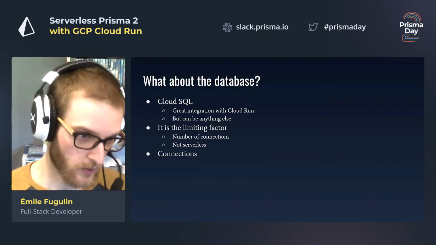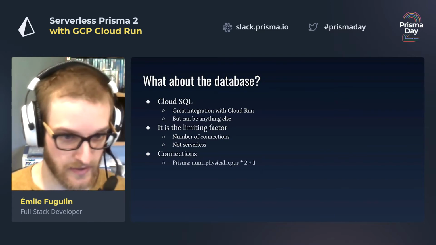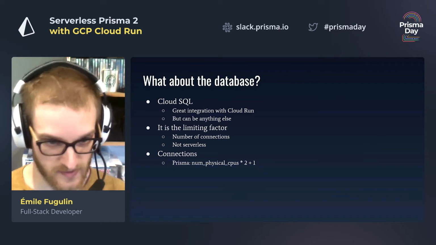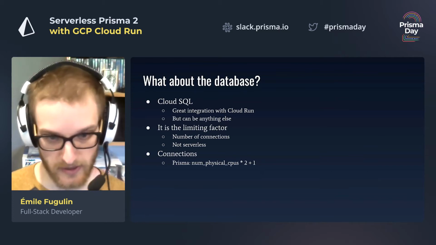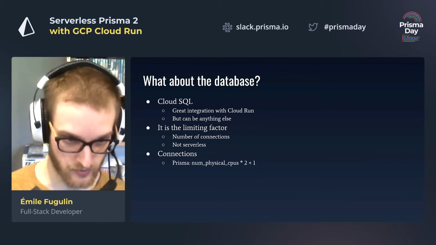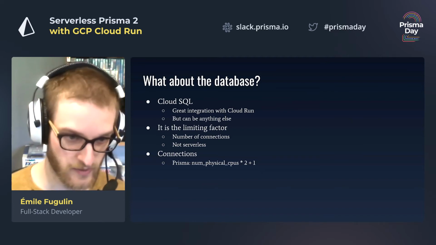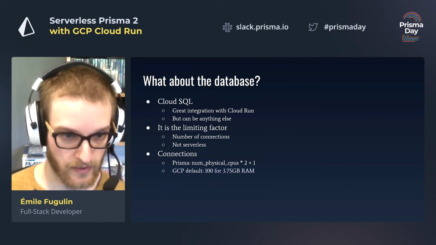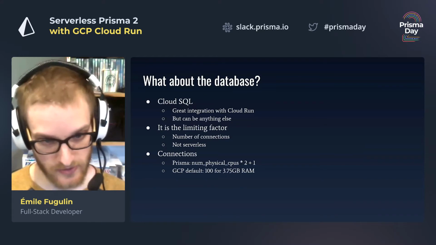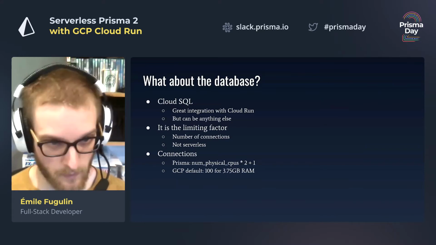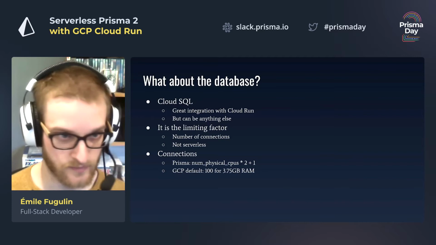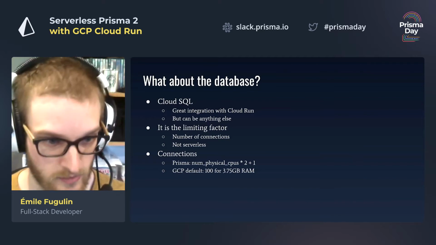So how to measure the connections? It's not an exact science, but Prisma uses these formulas to determine how many connections they are going to use per instance of Prisma client. And then usually you have 100 connections for a basic database, not modified or optimized on GCP.